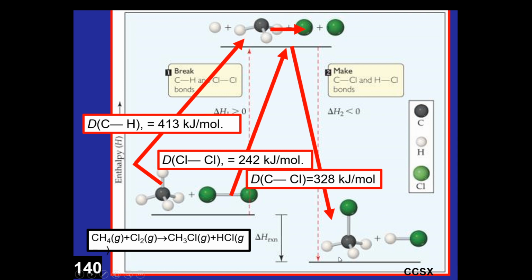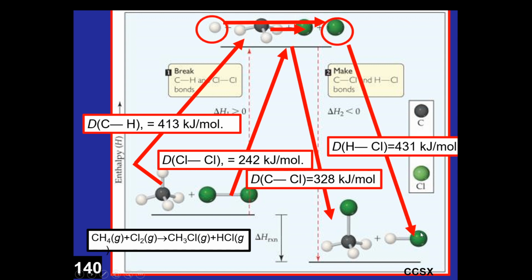That's why it's lower in the graph. See how this works? By how much, you might ask? By 328 kilojoules per mole. The last step is this hydrogen will react with the chlorine over here and form the hydrogen chloride molecule. And that gives you back 431 kilojoules per mole.